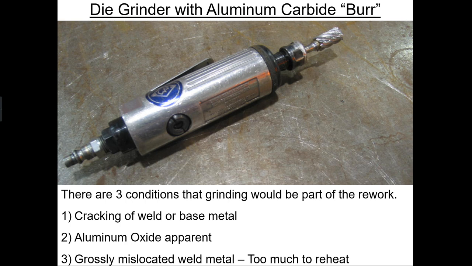So there's a few conditions, and we'll talk about this again during quality, where you're using this type of a device, and you have to use it to get to the bottom of the problem. The three conditions are: number one, cracking of the weld or base metal. Now, this is a little bit tricky because if a crack extends outside of the weld zone, that is a scrap part under certain specifications, specifically automotive.